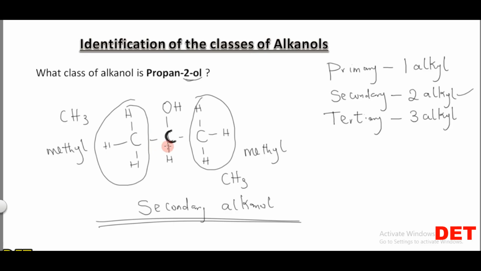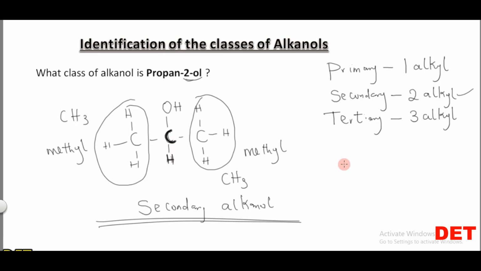If you have just one hydrogen atom attached to it, it is a secondary alkanol. Then if you don't have a hydrogen atom attached to the carbon atom bearing the hydroxyl group, that is a tertiary alkanol.